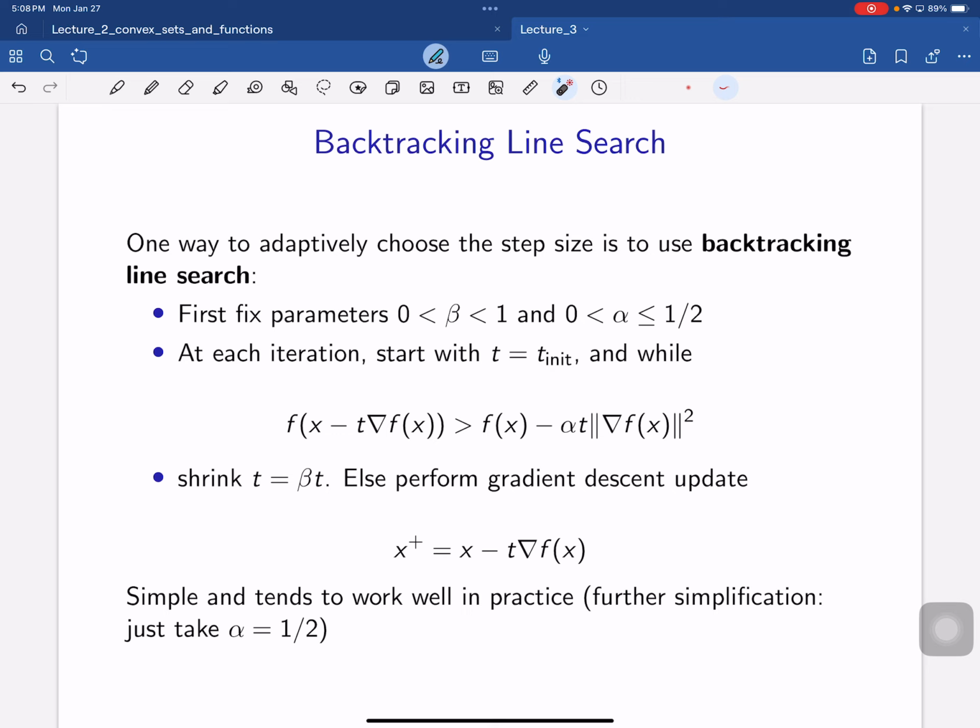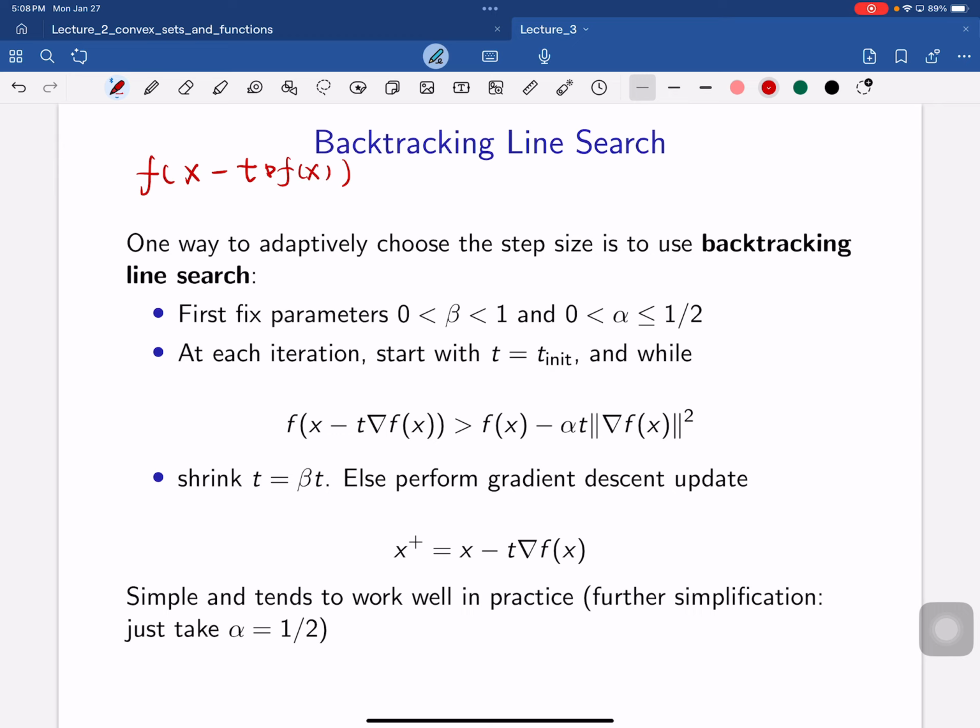Why is that true? Let's consider this point here, f of x minus t times the gradient.